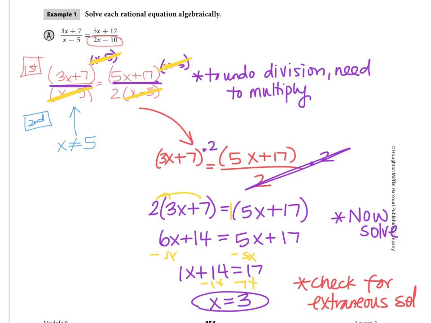What that means is we need to check that this answer, or any of the answers we get here, are not part of my excluded values, and they aren't. So the final answer here, I'll put a big yellow box around it just so we can see, is just x equals 3.